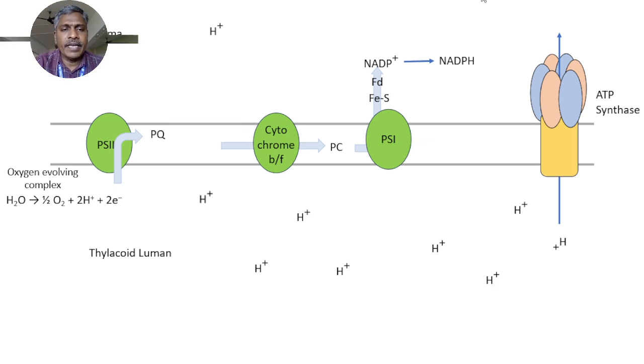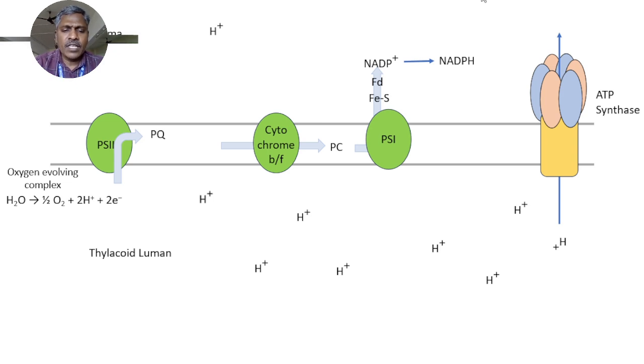Along with the NADPH production, the light reaction also produces ATP. As electrons move through the electron transport chain, protons are pumped into the thylakoid lumen. This creates a proton gradient, with lots of H+ ions in the thylakoid and fewer in the stroma.